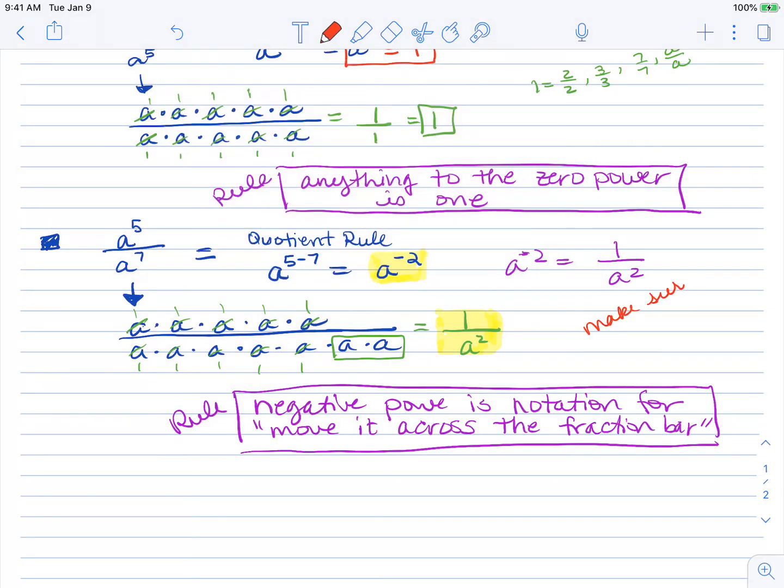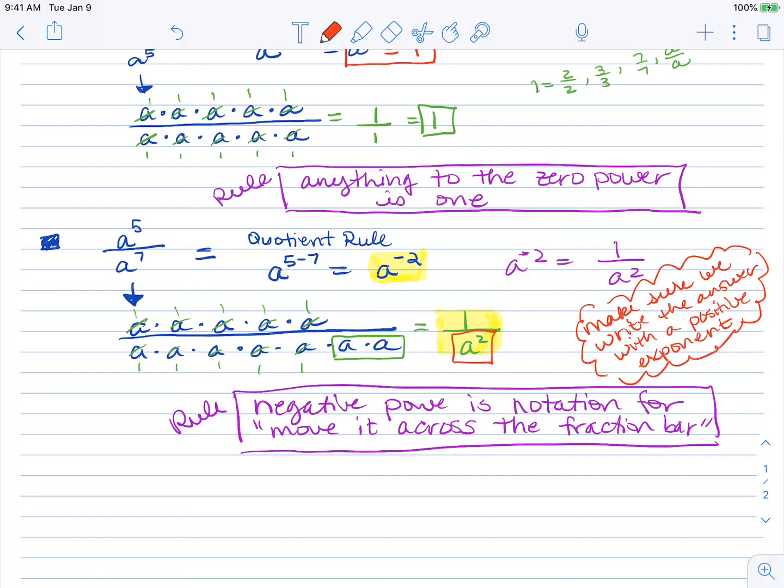Make sure we write it with a positive exponent, because when we moved it, this guy down here didn't have a negative exponent.